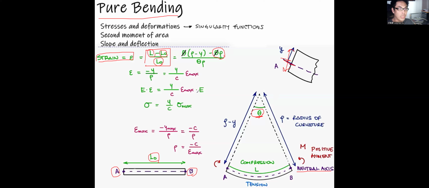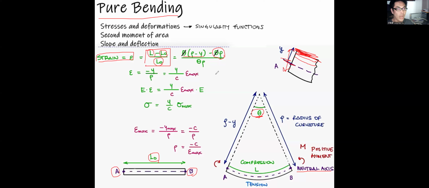So if we want to focus on a specific location at position Y, suppose here, at the distance Y from the neutral axis, the same thing we can say: the length L equals rho minus Y times theta.